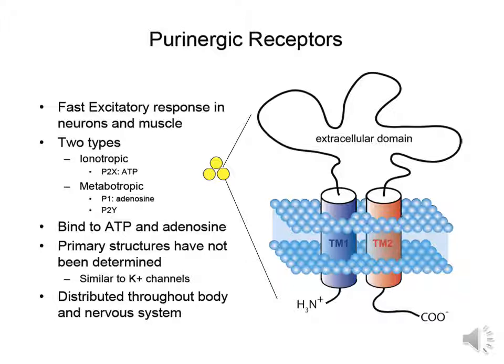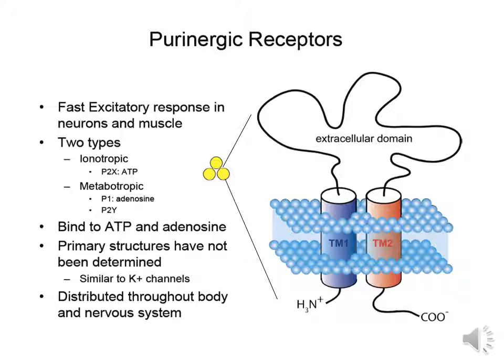As I just mentioned, purinergic receptors are responsible for a fast excitatory response in neurons and muscles. As we briefly saw in the first lecture of the ionotropic receptors, these receptors are composed of three subunits represented by this diagram. So three different subunits come together to form the receptor.